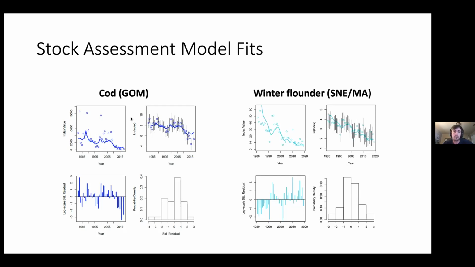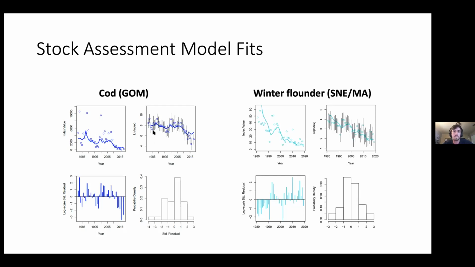How you look at these is, in the plots on the top left, the circle values are the actual values coming from the trawl survey. The way the Science Center does it is basically the number of fish per tow in a given year. These are the dots you can see here for cod and over here for winter flounder. Then the stock assessment model is fit to follow the trend of these survey data, or these indices of relative abundance.